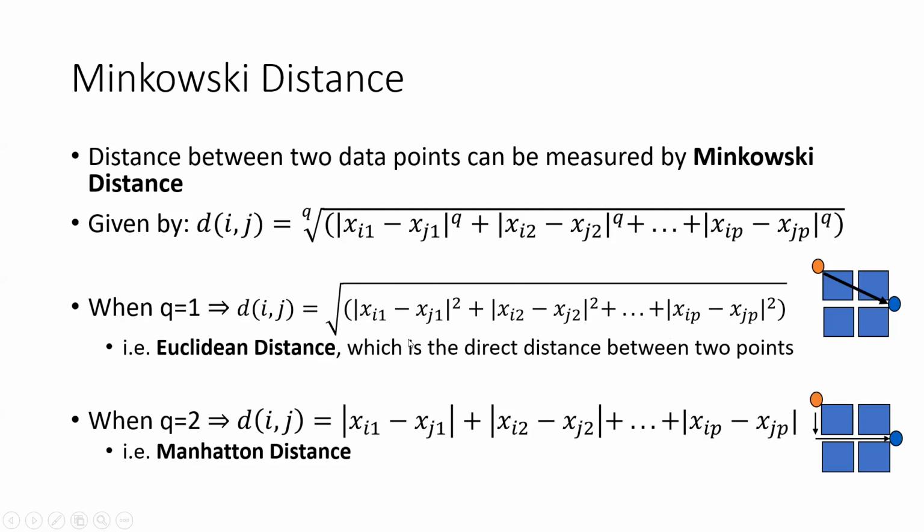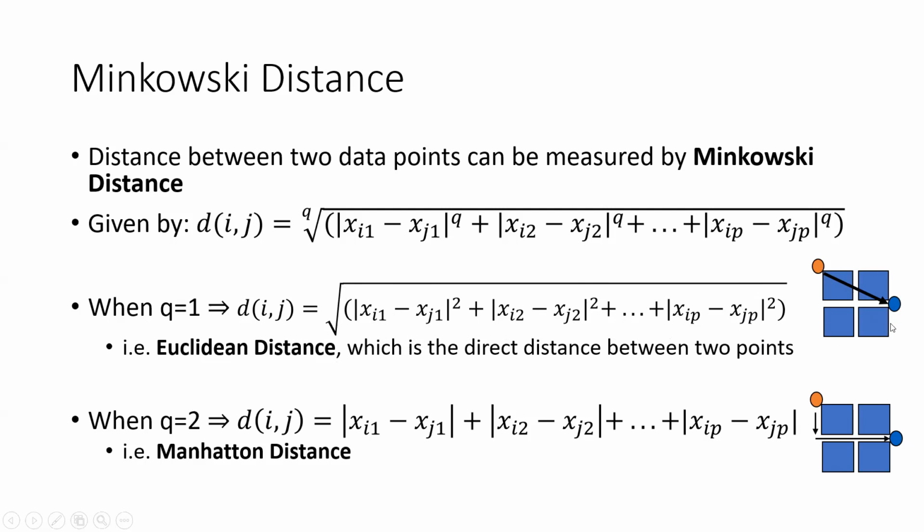So suppose there are p, like 5 dimensions in the feature space. For each of the dimensions, we take the difference and we take the square, and we add them and take the square root. That is how we get the Euclidean distance between two data points, right?